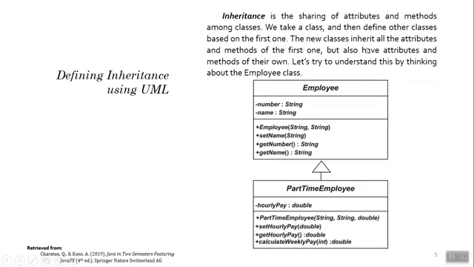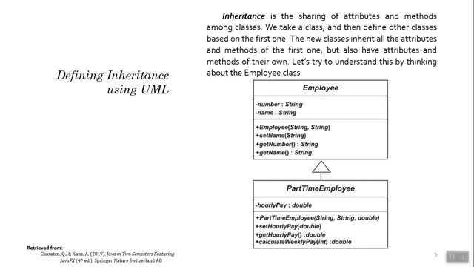The new class inherits all the attributes and methods of the first one, but also has attributes and methods of its own. So aside from the inherited attributes and methods, we could also add some more features to our class.